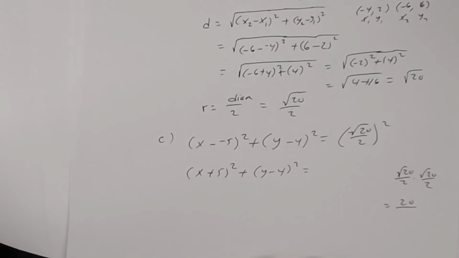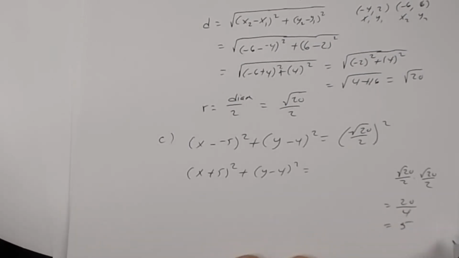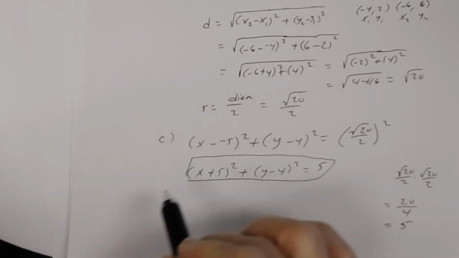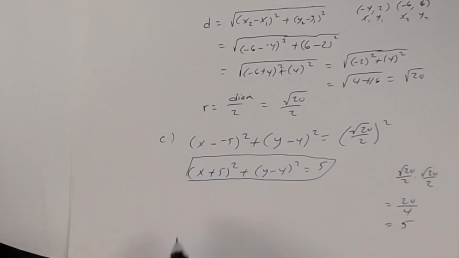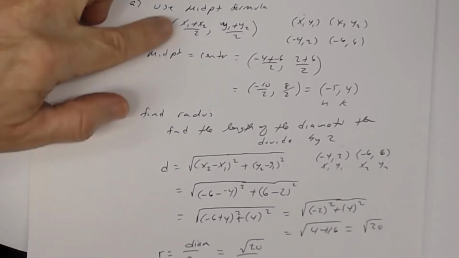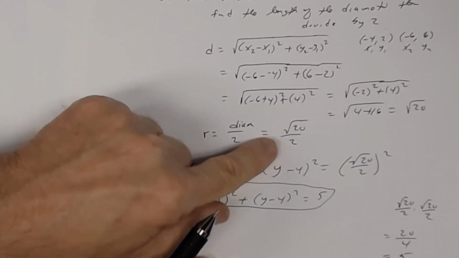And then 2 times 2 is 4, and 20 divided by 4 is 5. So 5 goes here. That's the answer you're supposed to write. So here's the work for part A, and here's your center. Here's the work for part B, and here's the length of the radius.